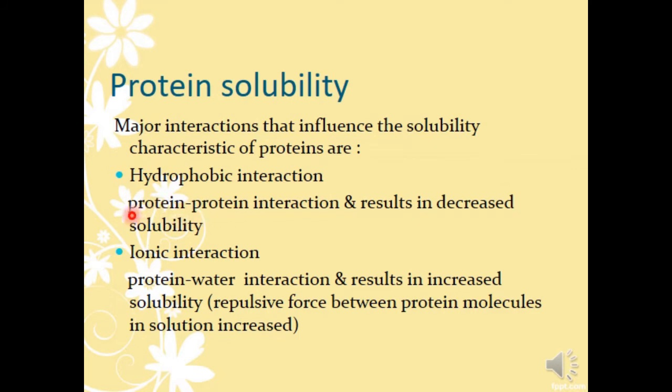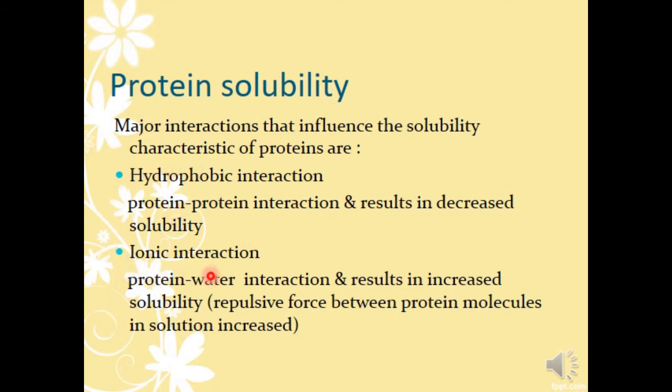So when one native state of a protein interacts with another protein, this will result in a decrease in solubility when it becomes denatured, because of the inner core of the hydrophobic surfaces, so it tends to agglomerate. When it agglomerates, therefore solubility decreases.